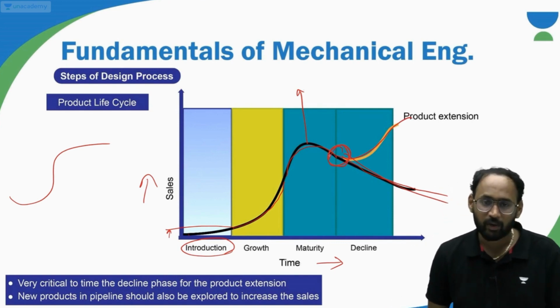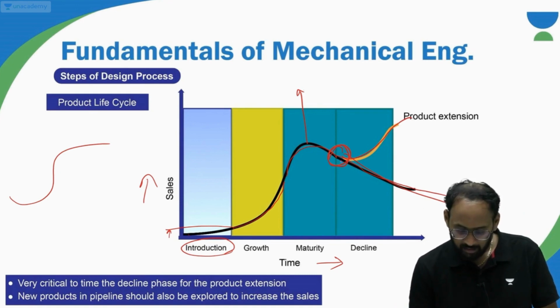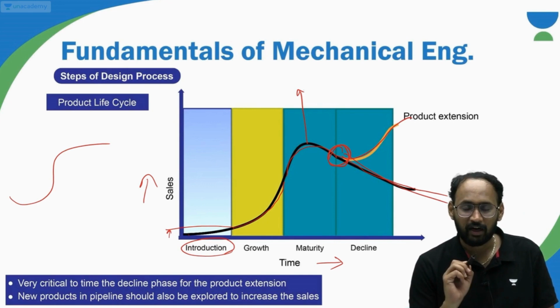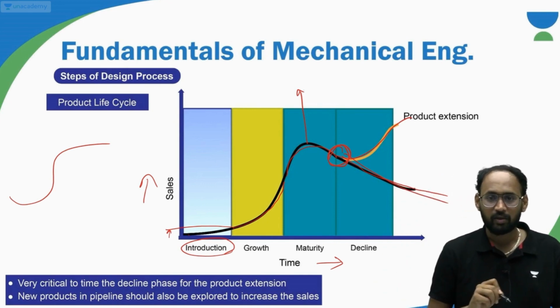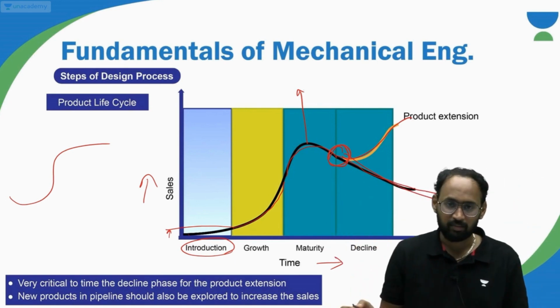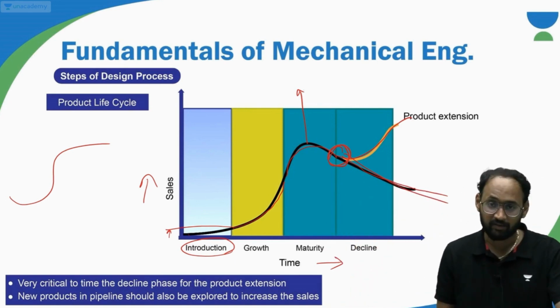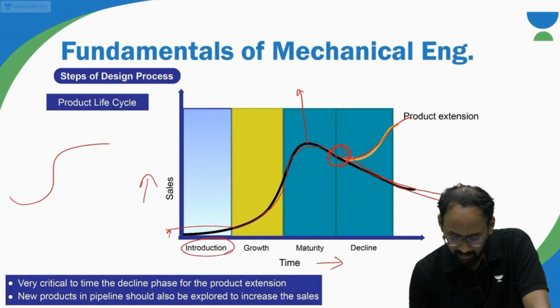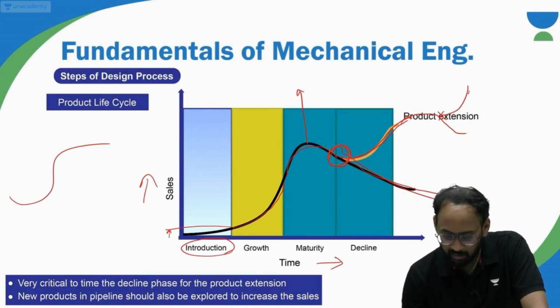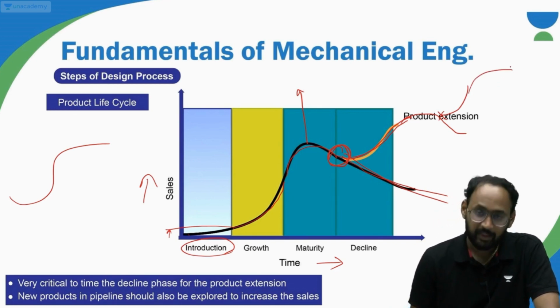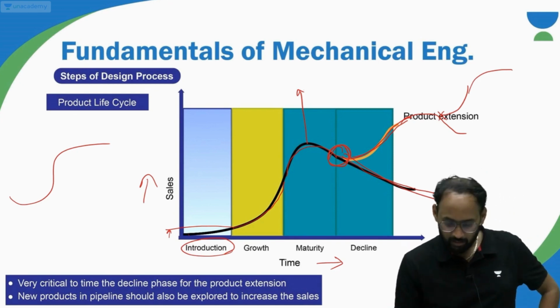As soon as you reach this point, you need to have adequate innovation in the pipeline to start the next design process or next product life cycle. Now again the sales will increase, and then again it comes down, again you find this point, so again you innovate, and you get through it, so you don't get into the decline phase.